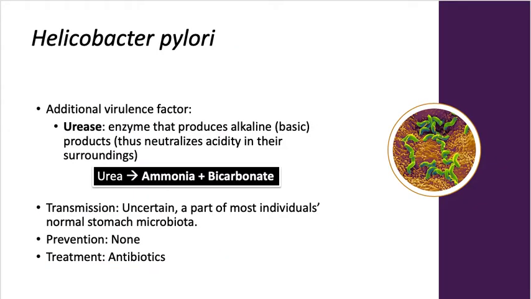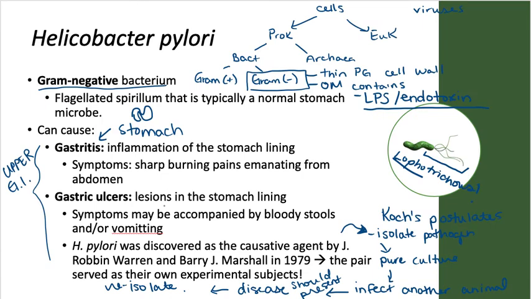So Helicobacter pylori, I'm going to go back up for a minute. I have mentioned that it's a normal stomach microbe, or I put that in my notes. It's actually found in 2 out of 3 human beings in the world. In fact, if you don't have Helicobacter pylori, it's associated with a higher likelihood of autoimmune diseases or a lowered immune response.